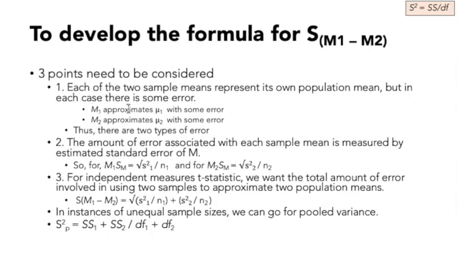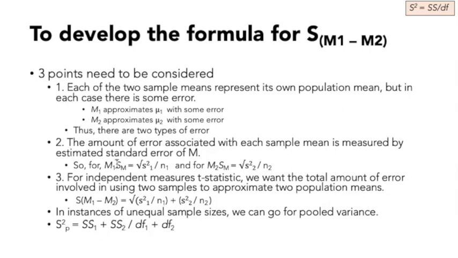So it approximates mu1 but with some error. And then M2 also approximates mu2 but with some error. Thus, there are 2 types of error here. The second point is that the amount of error associated with each sample mean is measured by the estimated standard error of the mean.